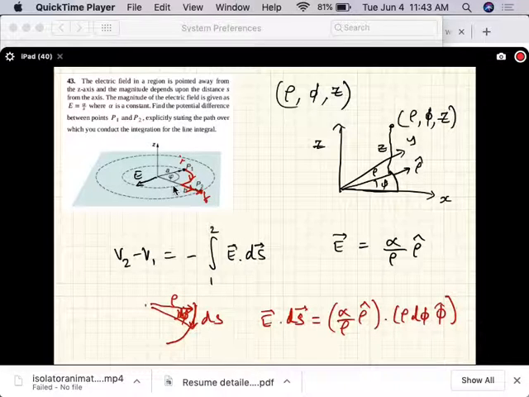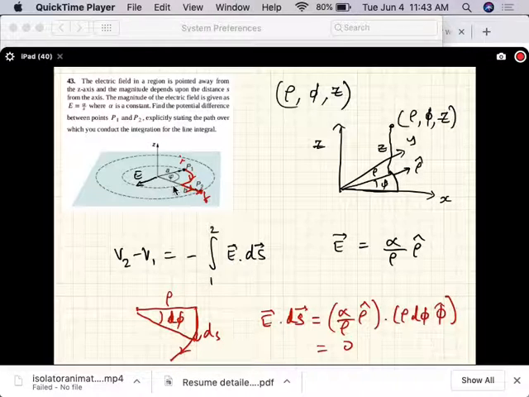That's what that works out to. ds, the distance, is rho times d phi, and this is 0. So what we are saying is along this path, this integral is 0. So now we just have to do the integral along this path. All right, so let's do that one.